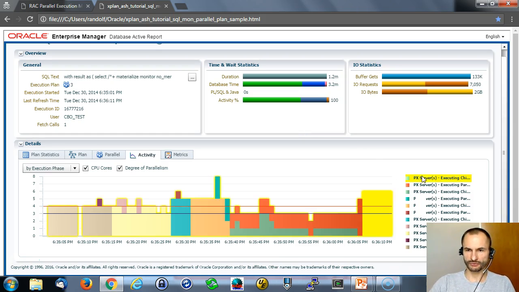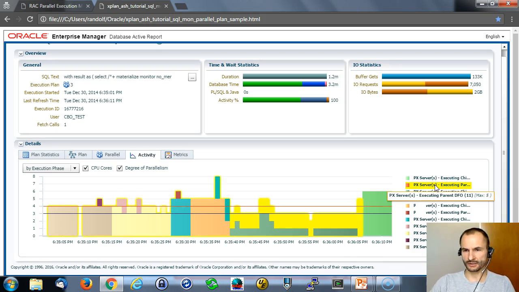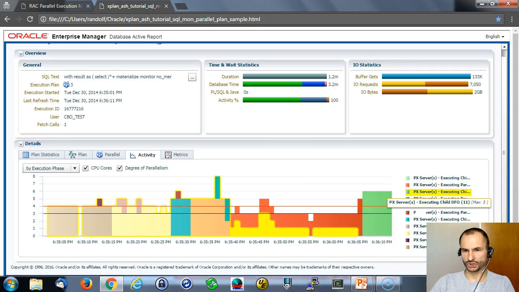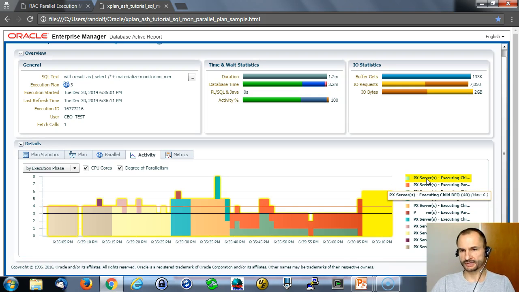But as you can see here, for example, in this real-time SQL monitoring report, if you happen to have a diagnostic and tuning pack license, you can make use of real-time SQL monitoring, which is a very, very good way to deal with parallel execution. You can find here, at least in version 12c, these terms like parent DFO and child DFO mentioned in the report. So it's there.